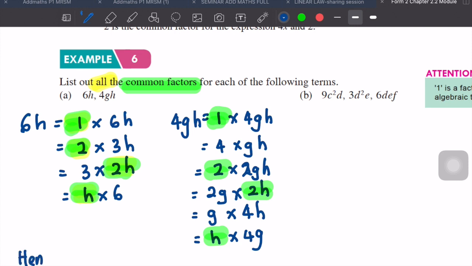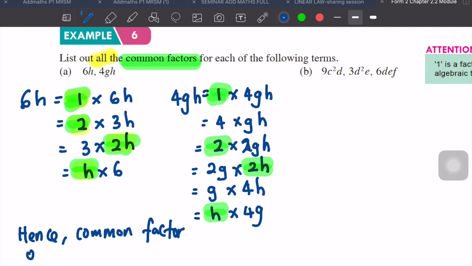Hence, the common factors of 6h and 4gh are 1, 2, h and 2h.